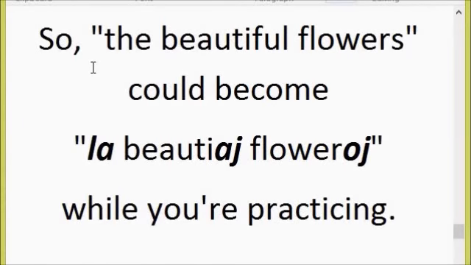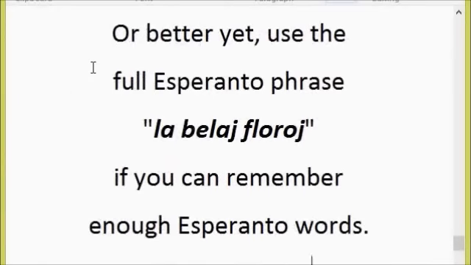So, the beautiful flowers could become la beautiae floweroi while you're practicing. Or better yet, use the full Esperanto phrase la bellae floroi if you can remember enough Esperanto words.